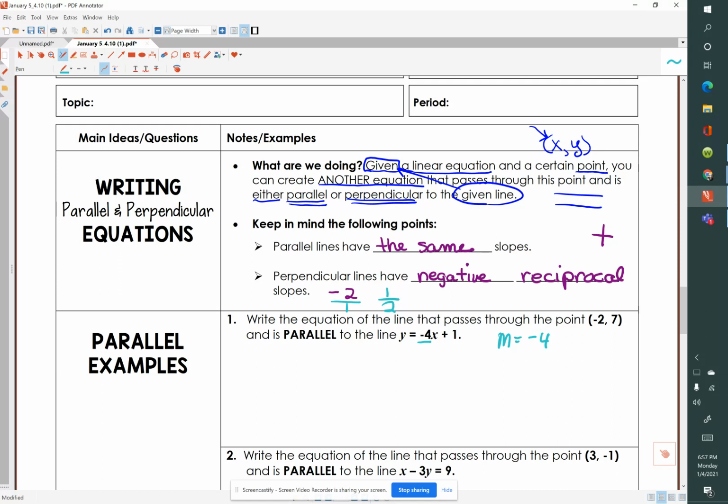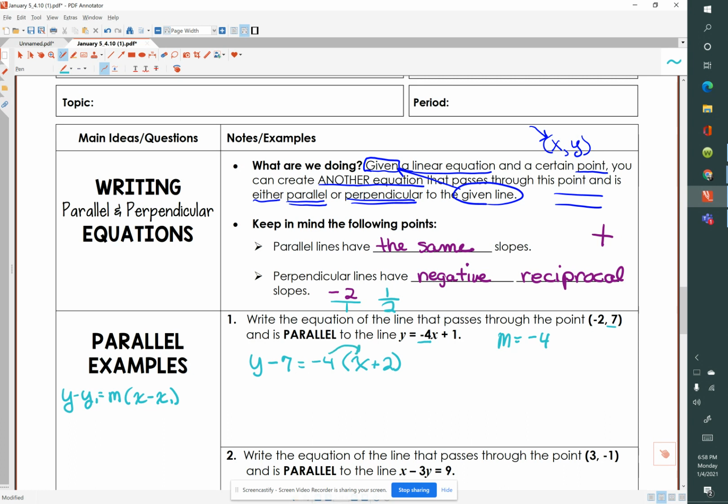Then we're going to go ahead and use the point-slope formula. I'll write that over here. y minus y1 equals m, the slope, times the quantity of x minus x1. So we'll start: y minus 7 equals m, which is -4, times the quantity of x minus negative 2, which is plus 2.